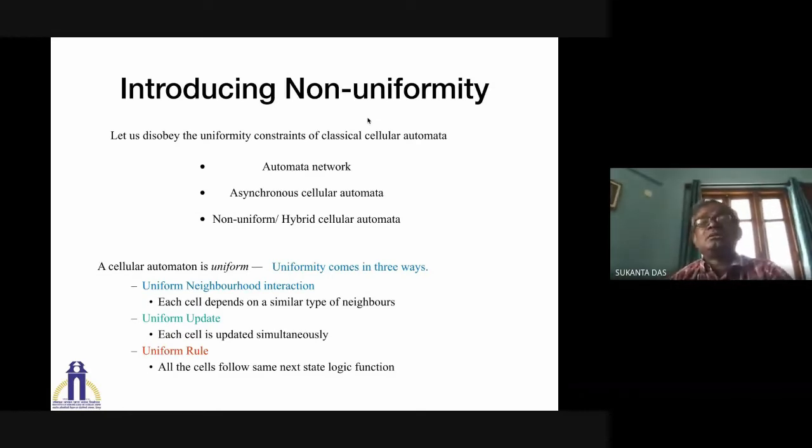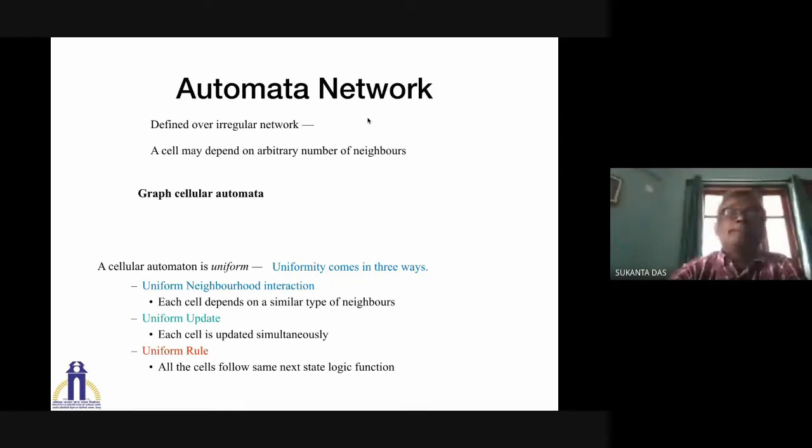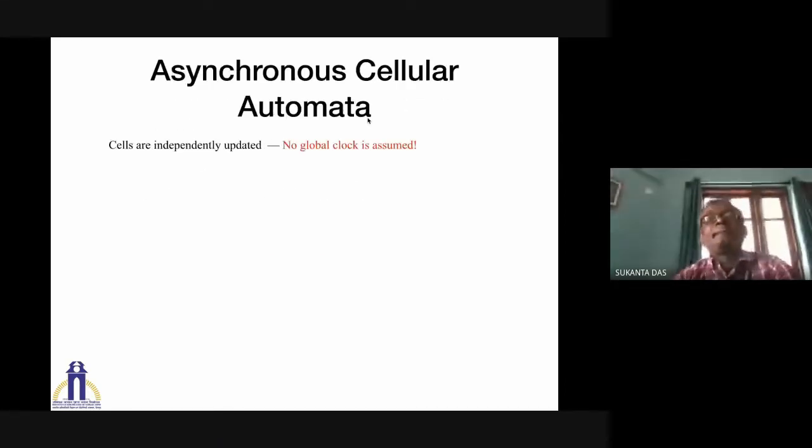Next we are moving to the next class of non-classical cellular automata, called asynchronous cellular automata. What are the properties here?